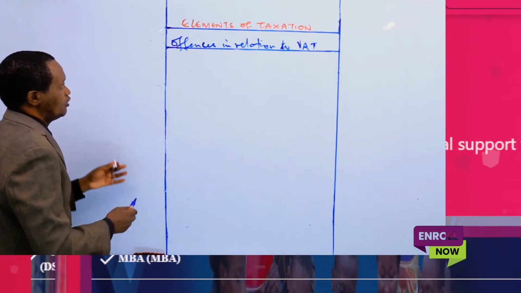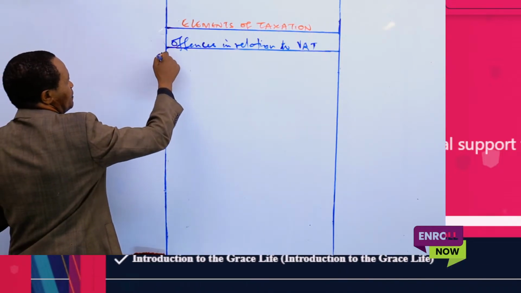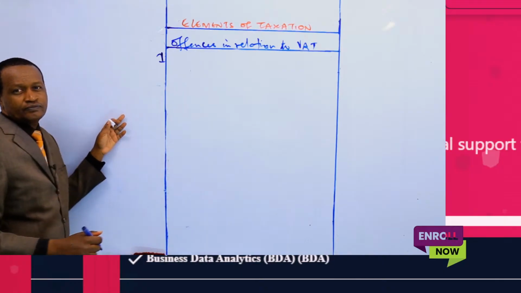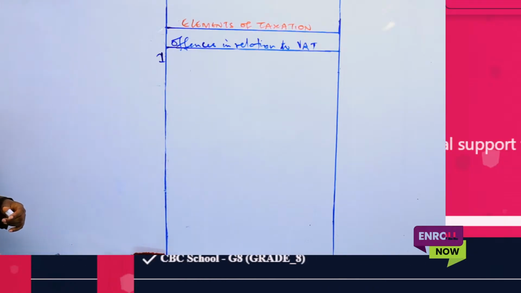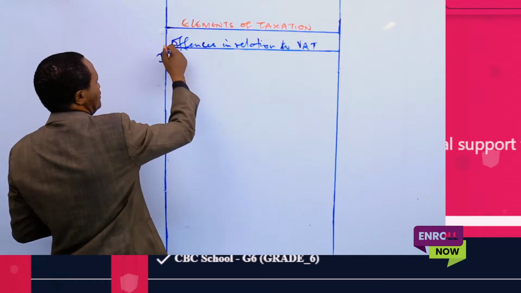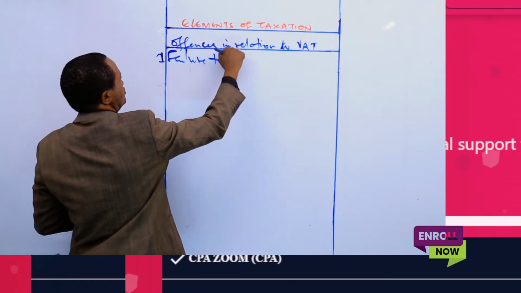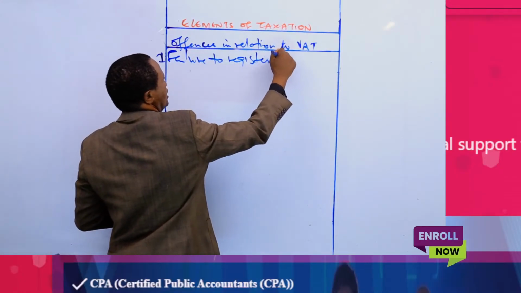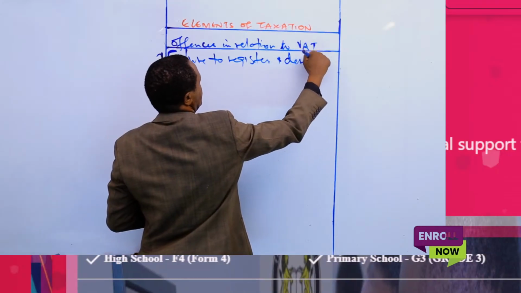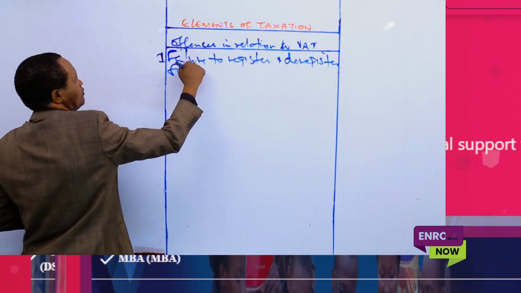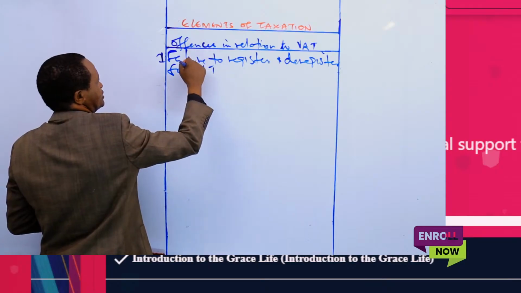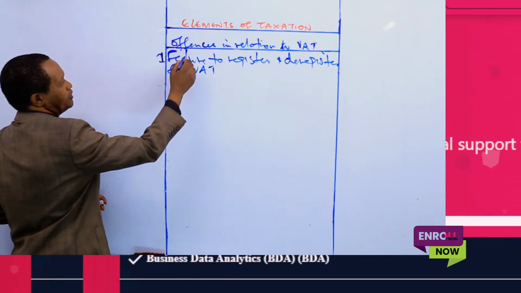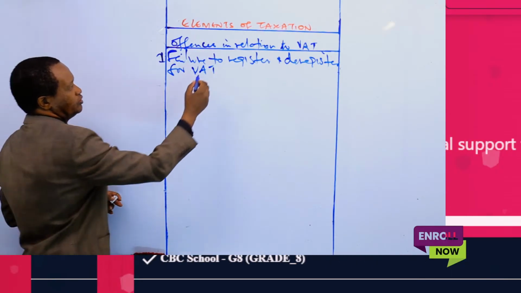The first offense is failure to register or deregister for VAT.